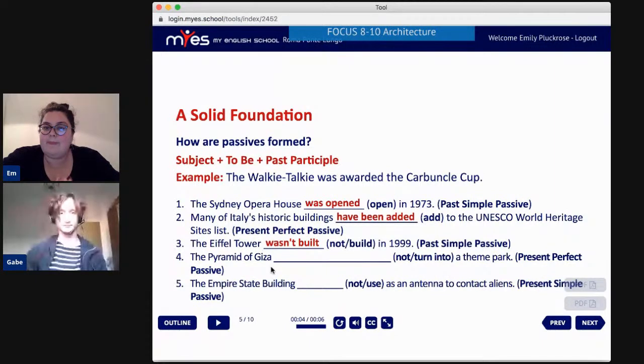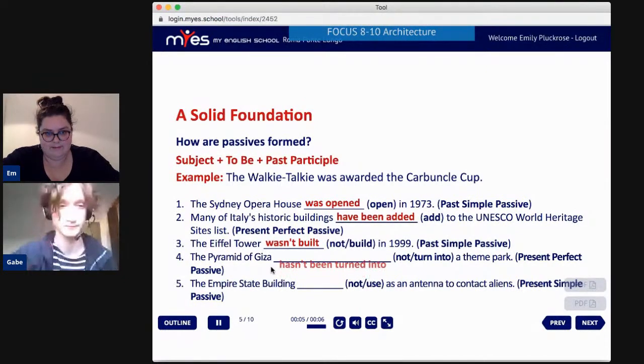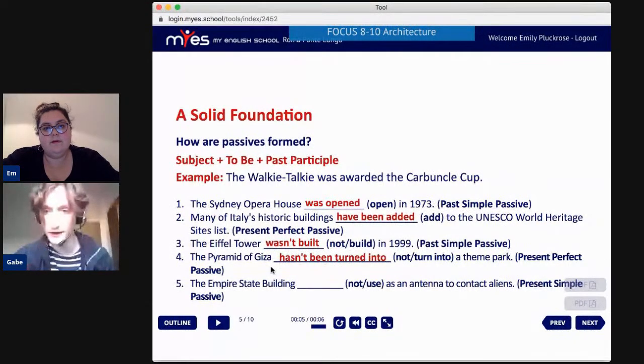And great stuff on the contractions as well, guys. Excellent. Really good. So number 5, present simple passive.